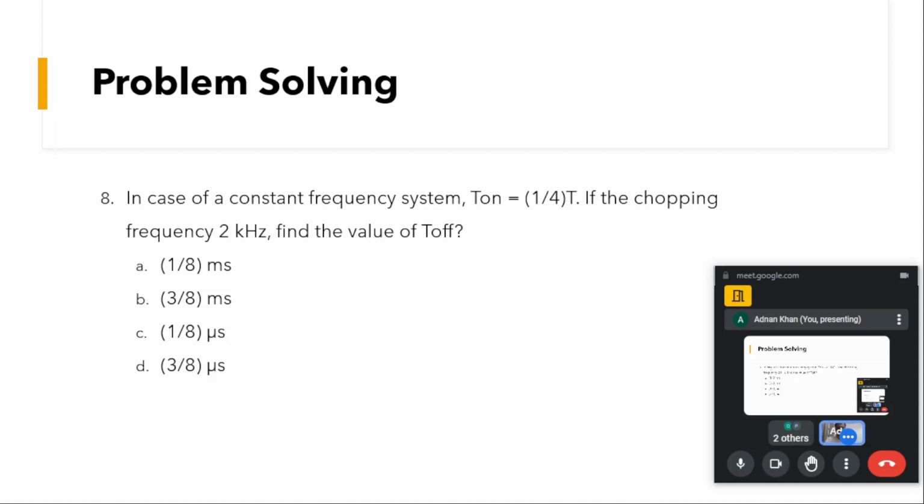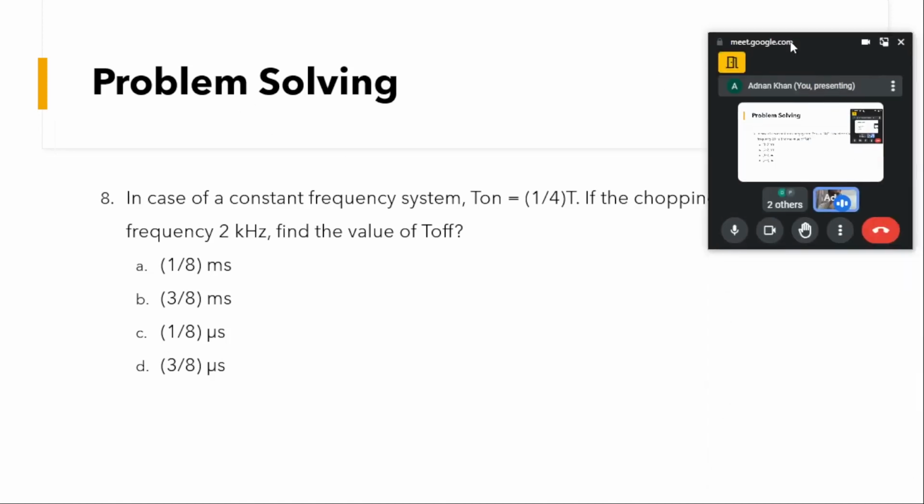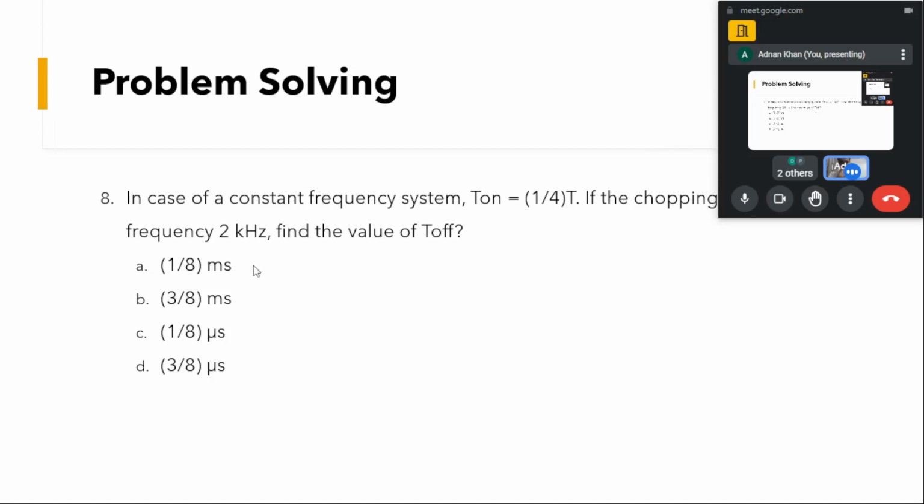Anyone? I can give you 1-2 minutes to solve. If anyone is interested in solving this question, you can try, or after a minute or so we will move forward. Anyone has solved this question? This is simple mathematics involving the basic equations that we saw at the start.